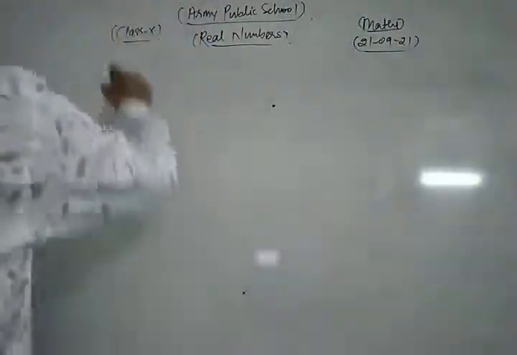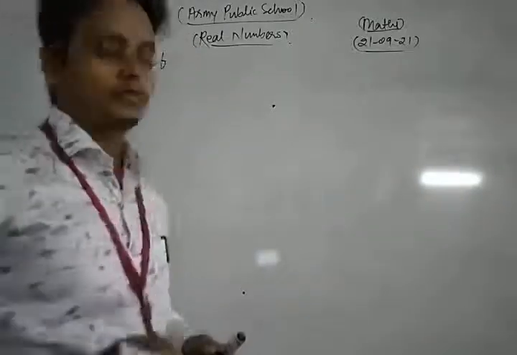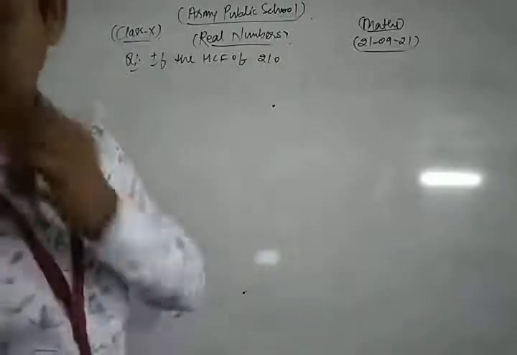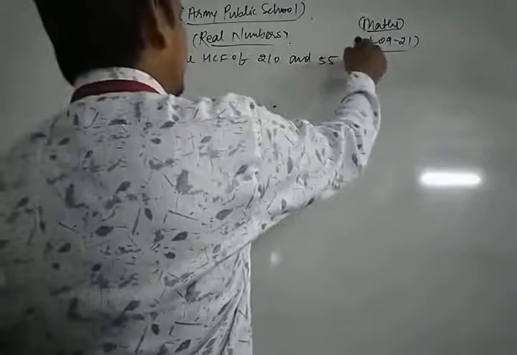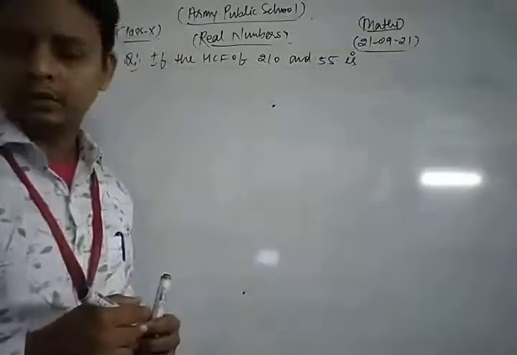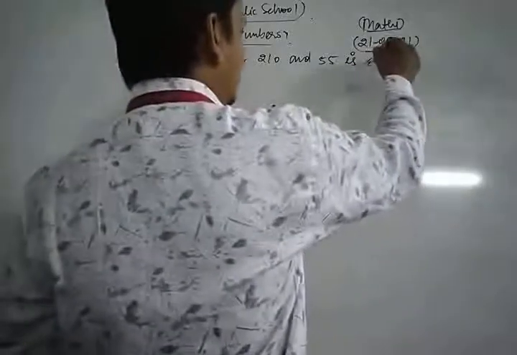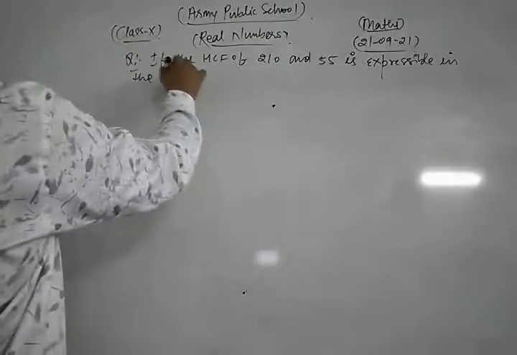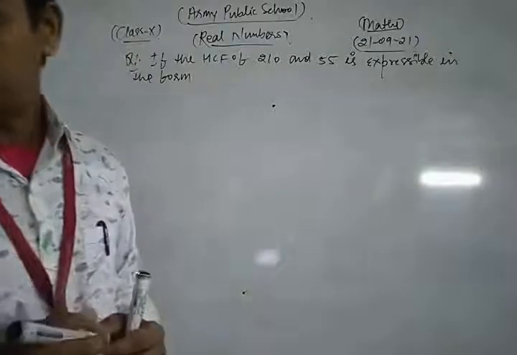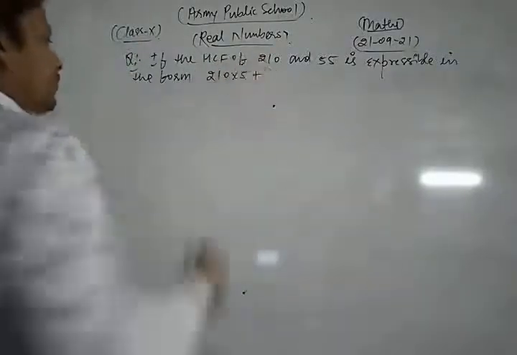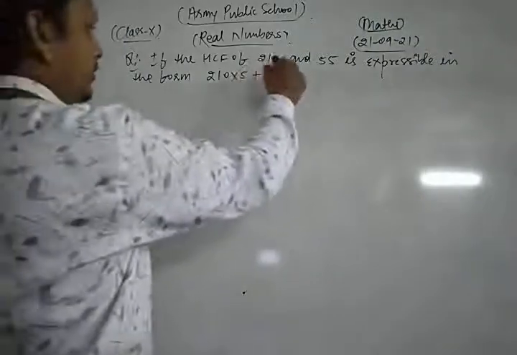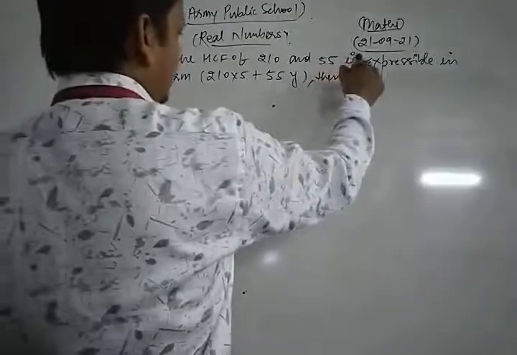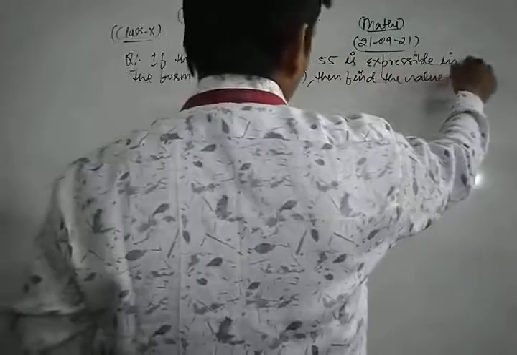The first question is: if the HCF of 210 and 55 is expressible in the form 210 into 5 plus 55y, then find the value of y.